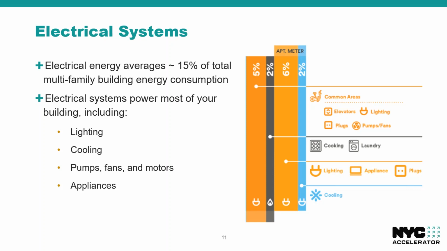Electrical usage can also be improved by switching to LEDs, buying certified energy efficient equipment, and improving air tightness by adding insulation and air sealing. This graph here shows the electrical consumption of a pre-war low-rise NYC multifamily building being about 13%, including apartment meters. Next slide, please.